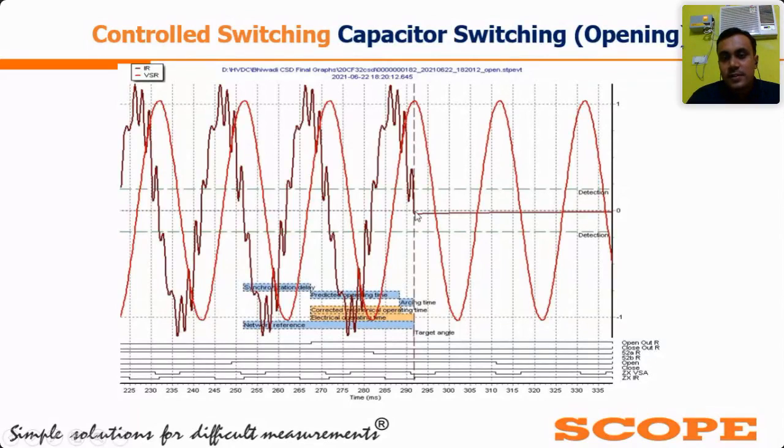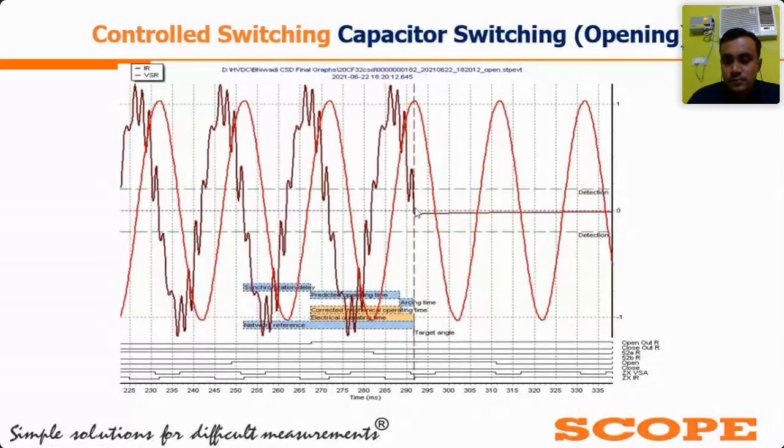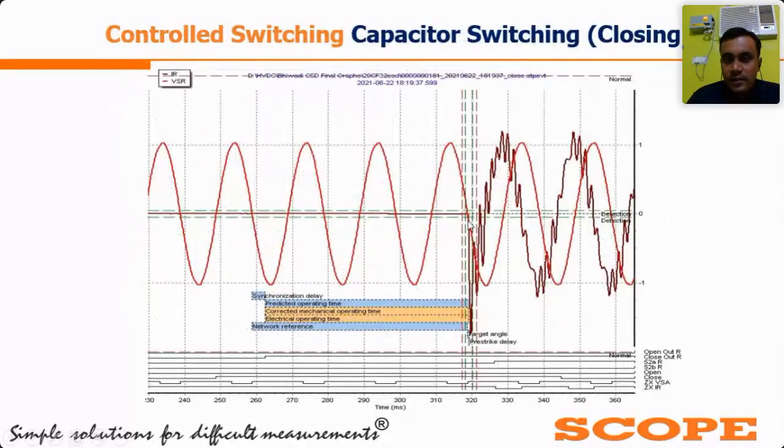The concept is like a reactor, the same concept. At voltage peak, we have made the current zero here. But in closing condition, the current has started from voltage zero.